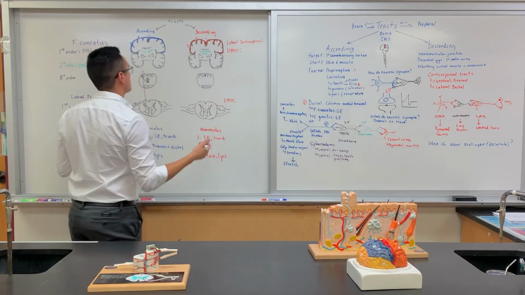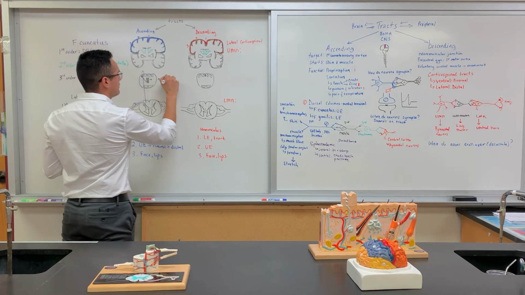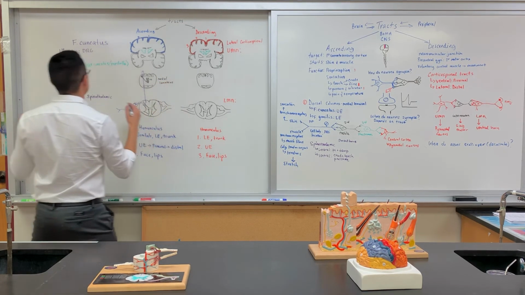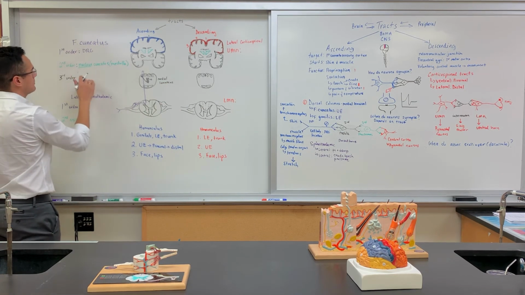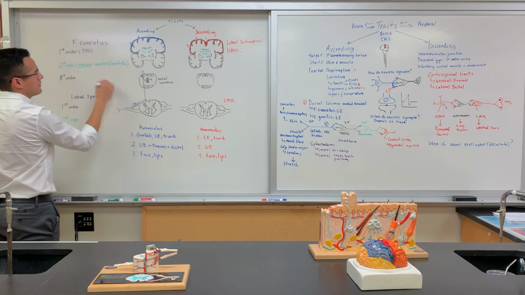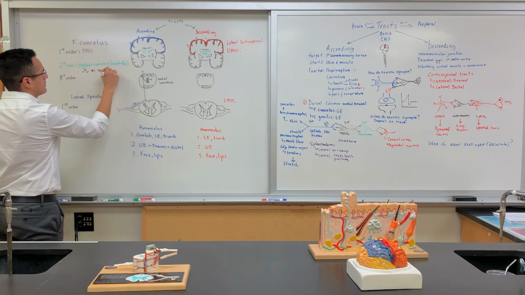That's why they call it the dorsal column medial lemniscal pathway, because this is the medial lemniscus, which is found here within the medulla. So nucleus cuneatus, and then it crosses over at the medial lemniscus.